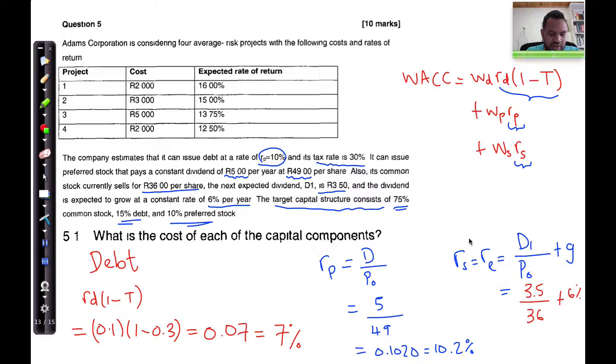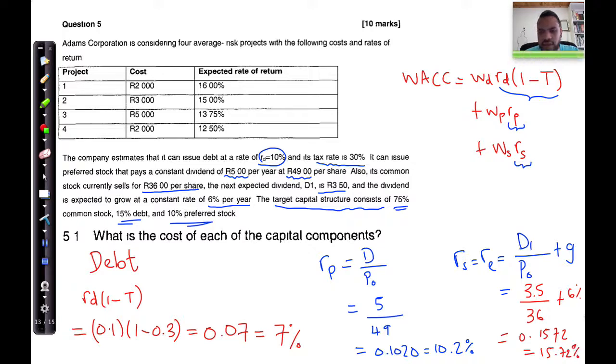So 3.5 divided by 36, plus 6%, gives us a value of 0.1572, which you can say is 15.72%.